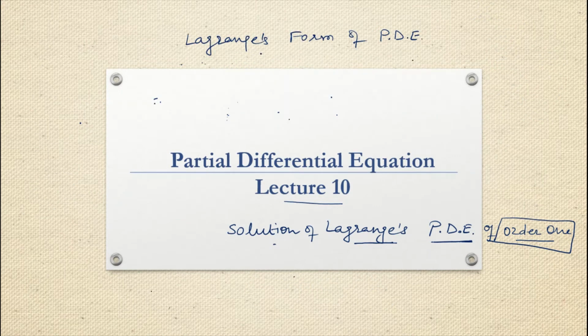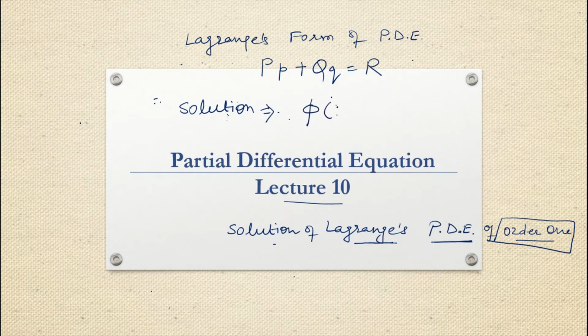Since we understood that Lagrange's form of partial differential equation is capital P p plus capital Q q equals R, now we have to understand how to find the solution of this type of equation. The solution of Lagrange's form of partial differential equation is phi of u comma v equals 0.